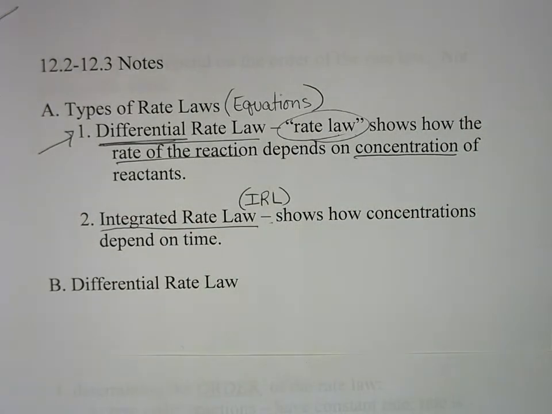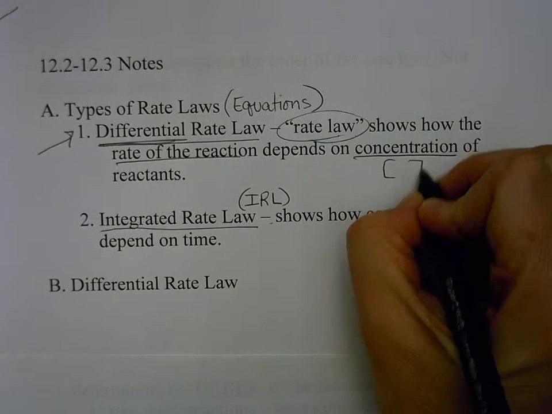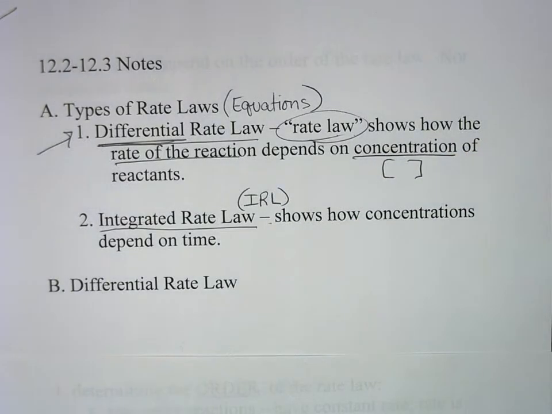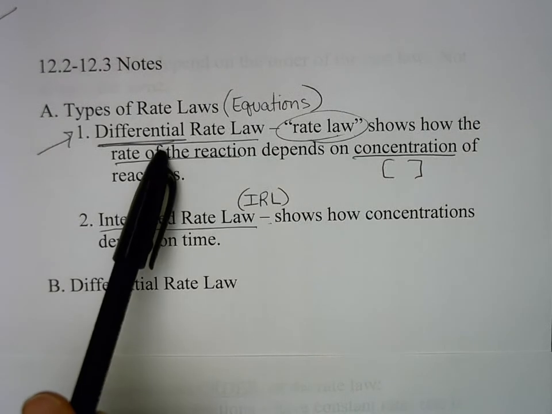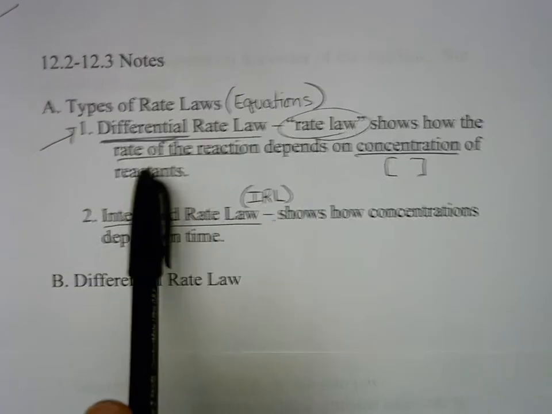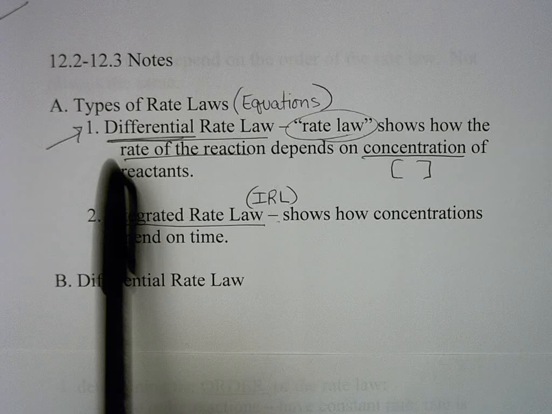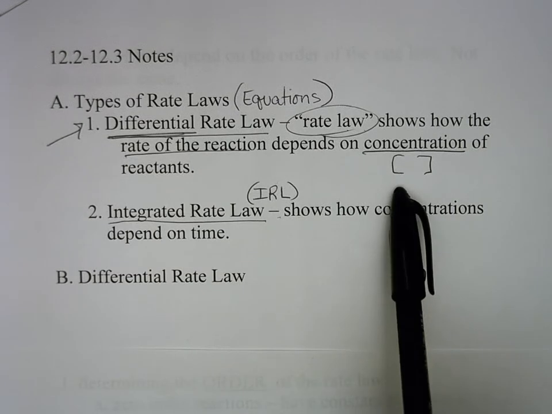Now, we talked about concentration, remember, in brackets. With some reactions, if the concentrations change, then the rates also change. So if you have less of a reactant, then all of a sudden the rate is going to be different. And so this equation that we're going to come up with is going to show how the rate of the reaction, the speed of the reaction, depends on those concentration changes.